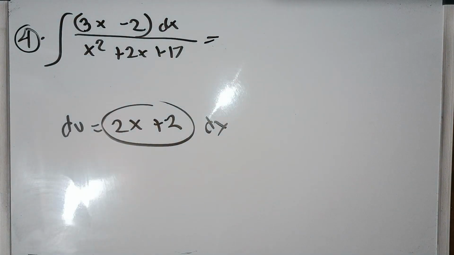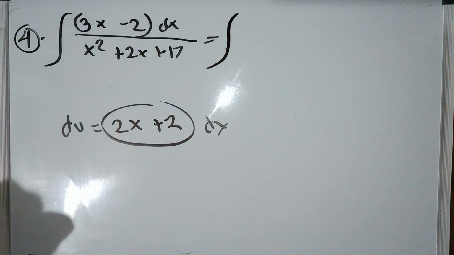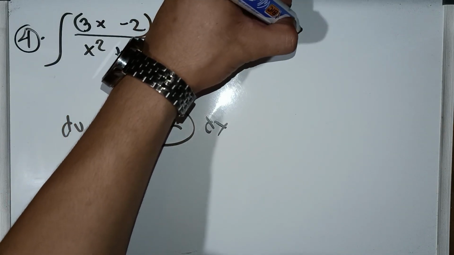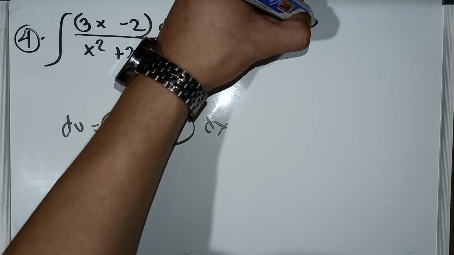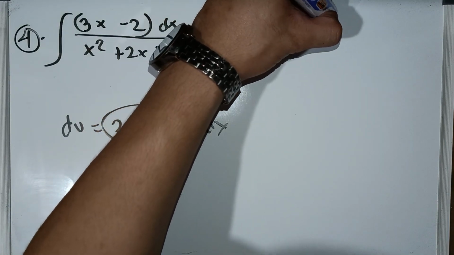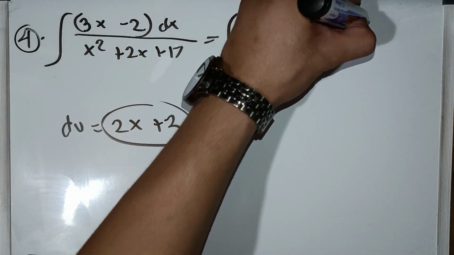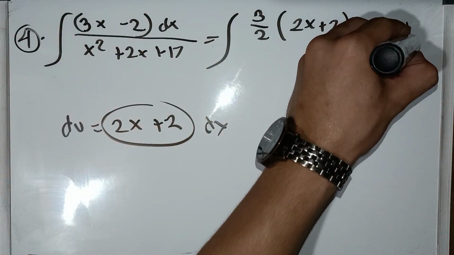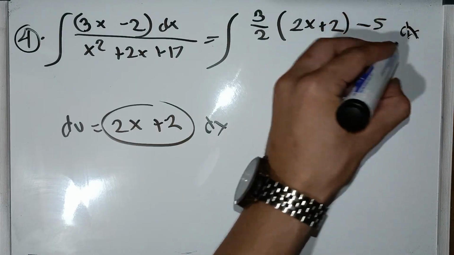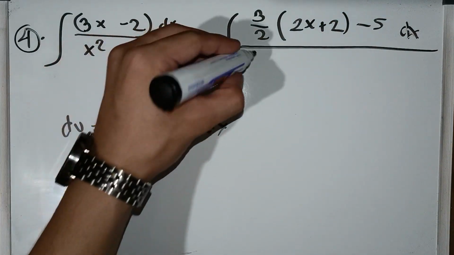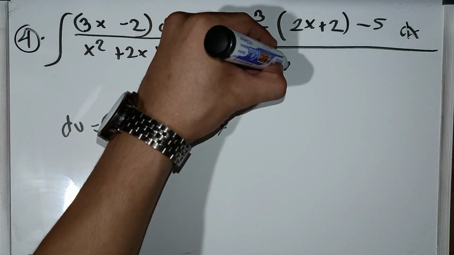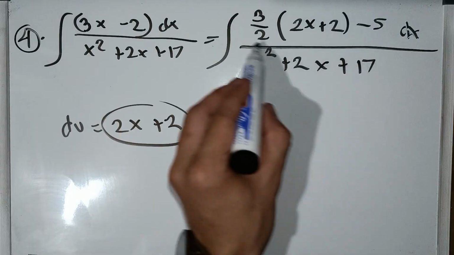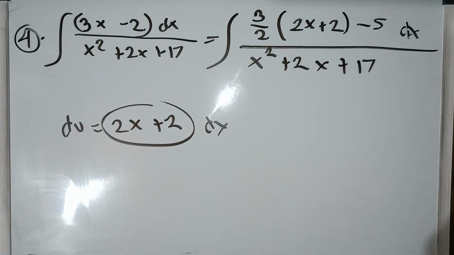So let's think of a way for us to get this in our numerator. That is equal to the integral of 3 over 2 multiplied by 2x plus 2, minus 5, dx all over x squared plus 2x plus 17. How can we get this?